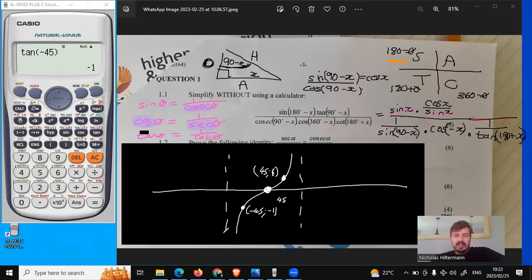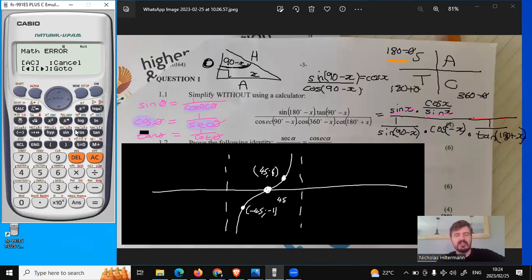If you don't understand any of that, the main thing you need to know is that tan repeats itself every 180 degrees. Because if I put tan 90 in my calculator, I'm going to get a math error. And why?